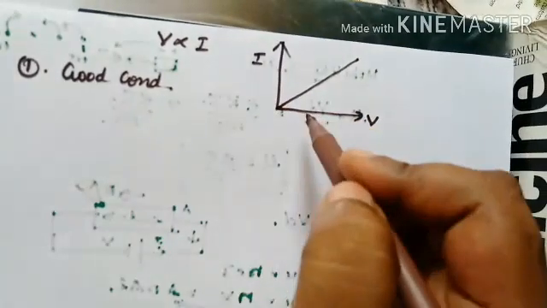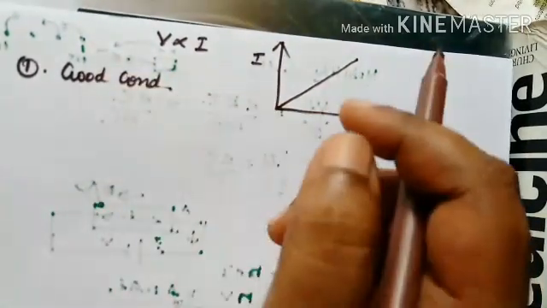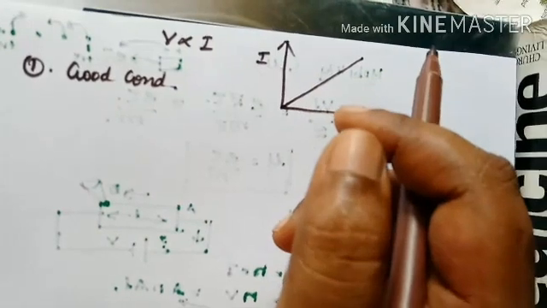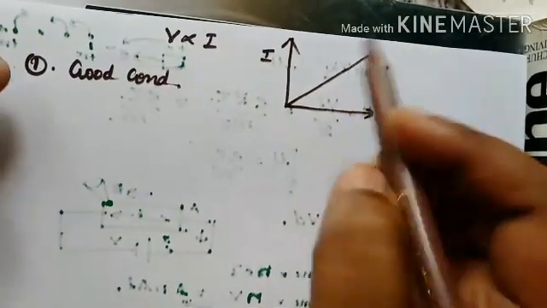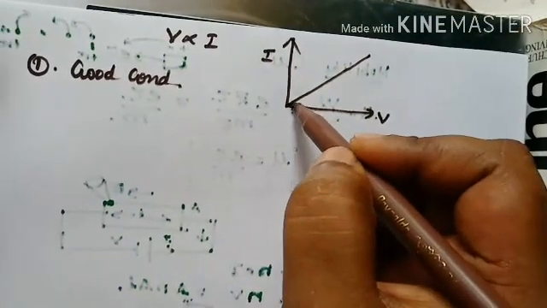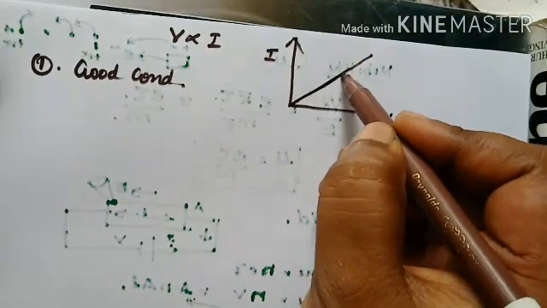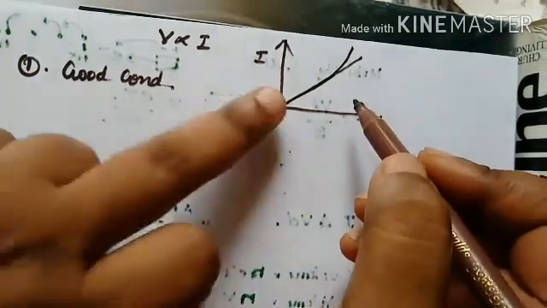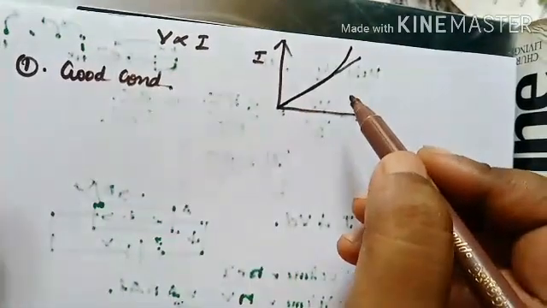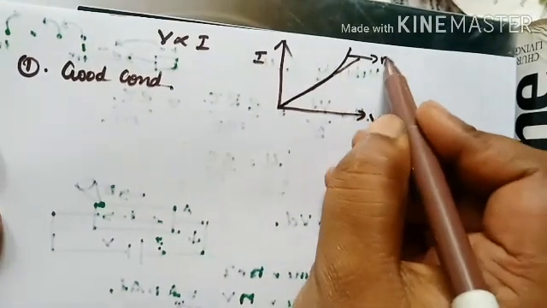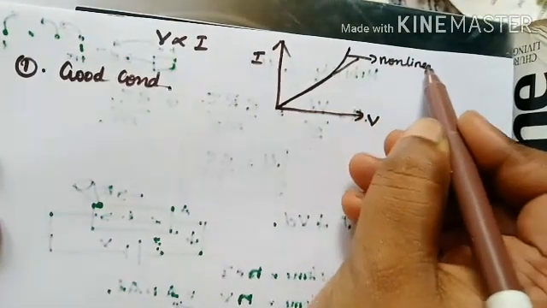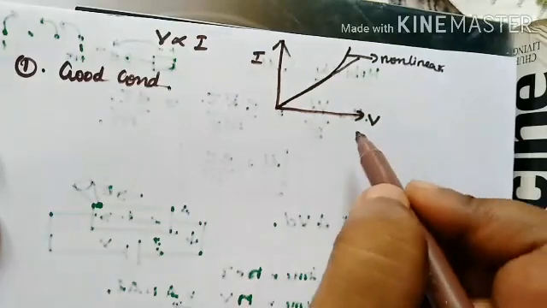But in the good conductor condition it is not like this. There is a non-linear way. It might go slightly like this, then it goes like this. That is, there is a slight change from the linear path, a non-linear relationship between I and V.